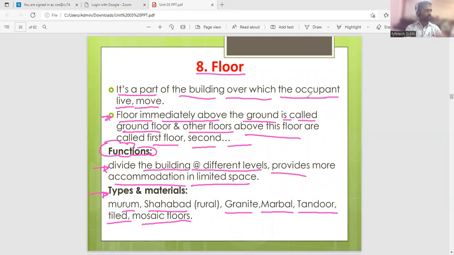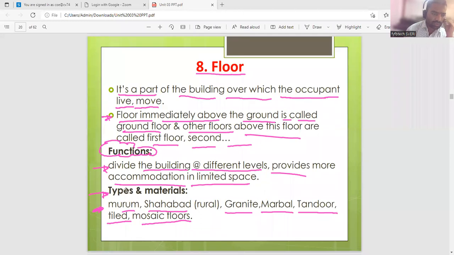एक बार सेंटेंस पढ़ो. Types of floors and materials. सेंटेंस पढ़िए. Yes, online people. एक बार पढ़िए. What you have written? Yes. Moram, Shabad, granite, marble, tandoor, tiled, mosaic.